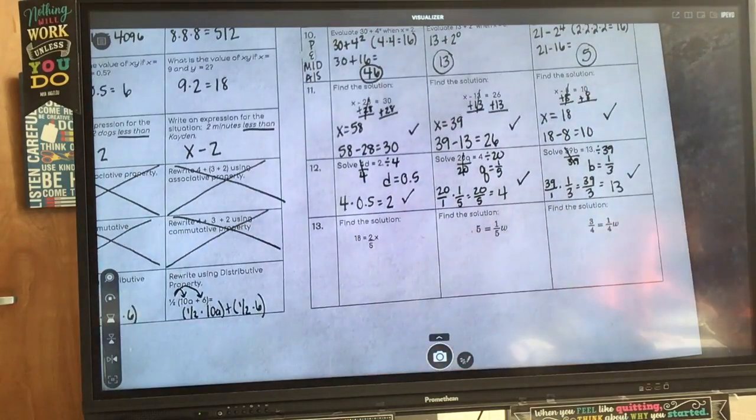Alright, moving on. So the last 3 on the bottom, raise your hand if you got those finished. Okay, I'm gonna give you like 3 minutes to get those done. And then we will go over those.